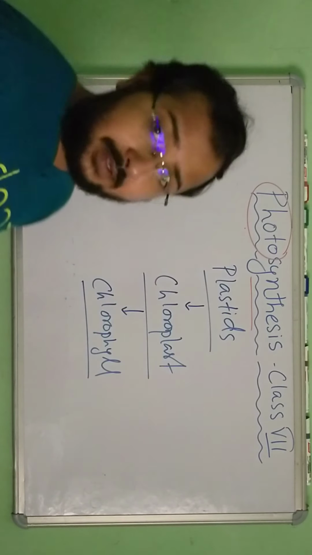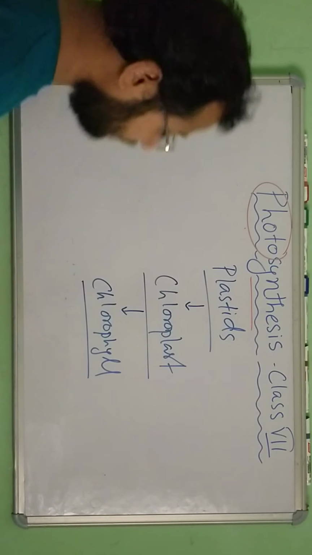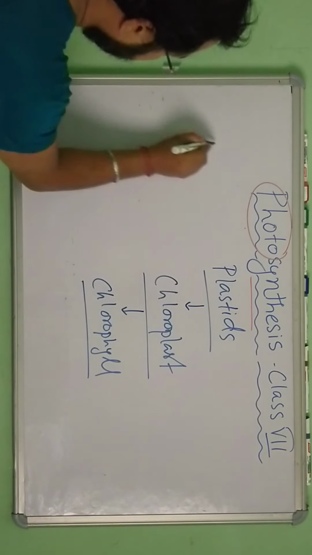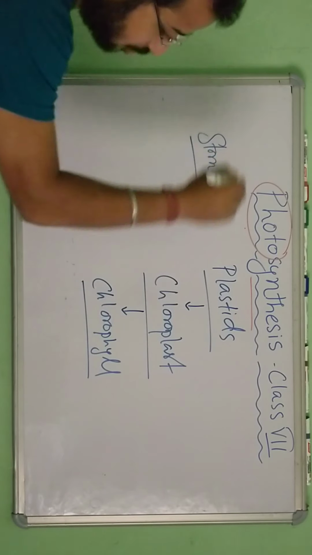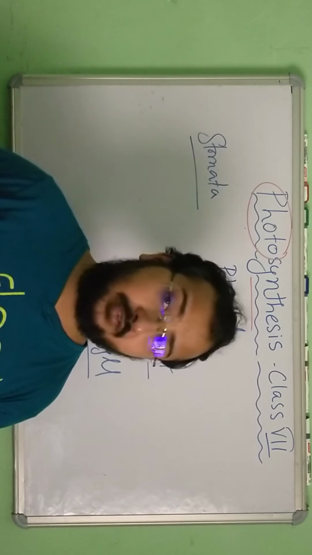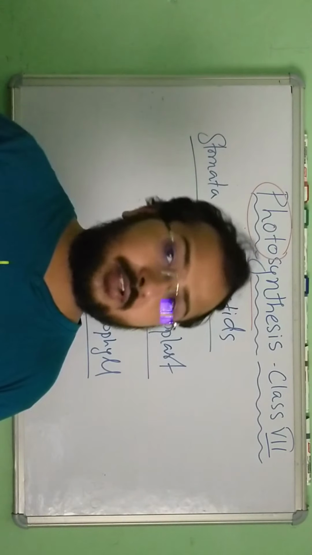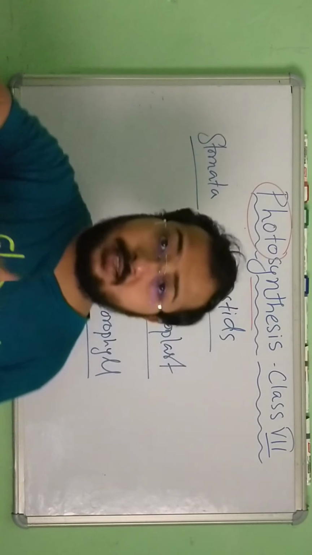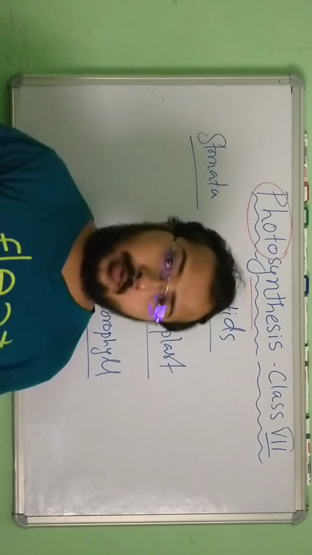Now there are some specific openings on the leaf surface, known as stomata or stomatal pore, which are the openings on the leaf surface. Through those openings, the carbon dioxide is absorbed, and oxygen is released out by the same pore, that is stomatal pore or stomata.